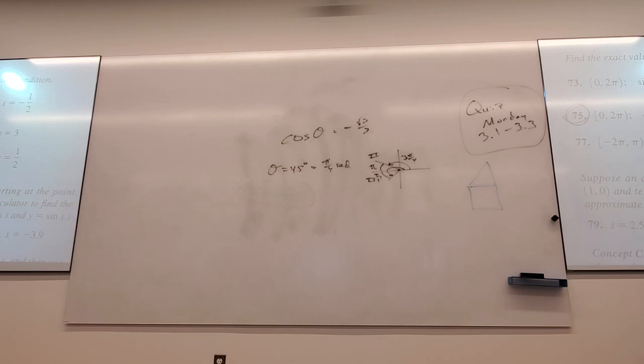What they're doing here is, I can't give an answer like 7 pi over 6. Do you guys see why my answer cannot be 7 pi over 6? It's not in here. So if my answer is 7 pi over 6, I have to actually answer it like this. 7 pi over 6, what is this angle? Negative something. 7 pi over 6 is pi over 6 past pi, correct?